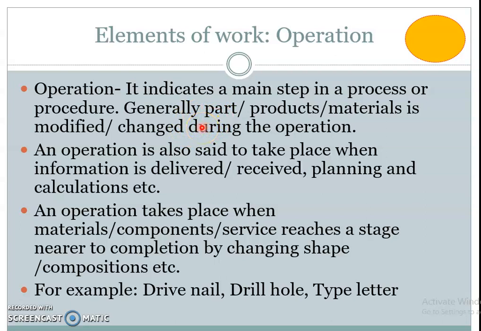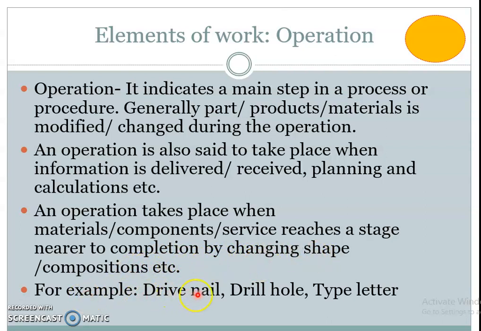An operation involves a change in the location or condition of a product. An operation is said to have taken place when information is delivered or received, or planning or calculations are done. An operation takes place when the materials, components, or service reach a stage nearer to completion by changing shape or composition.